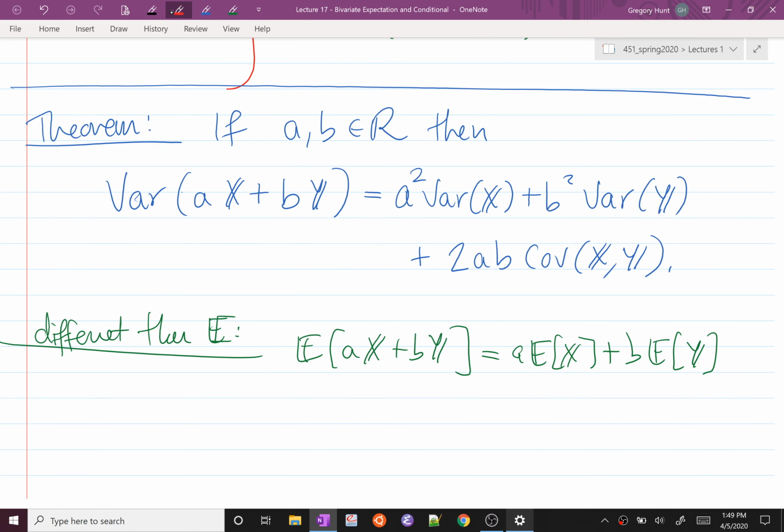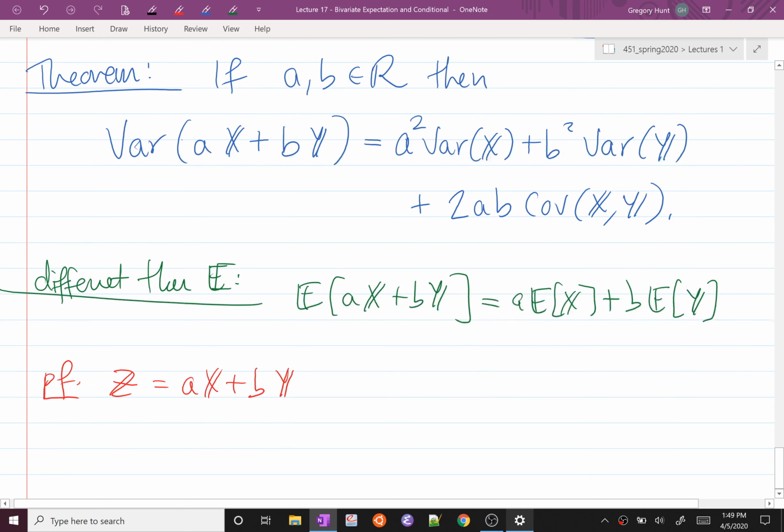So let's look at the proof of this. The proof is not too bad. Let's just define a random variable z. Let's just say that's ax plus by, just for note-taking purposes. And so here we have the expected value of z is a E of x plus b E of y. And if I want the variance of z, z is just a univariate random variable, so I have a formula: it's the expected value of z minus its expected value, squared.